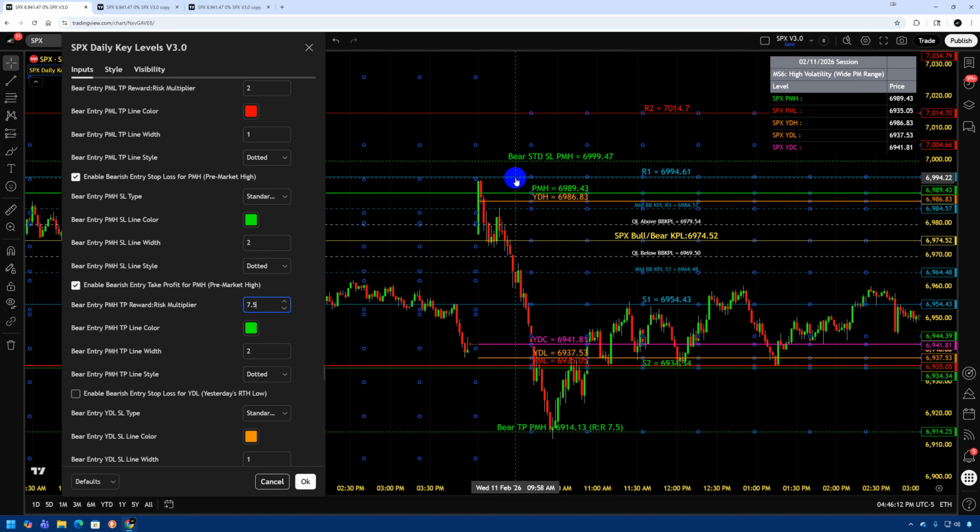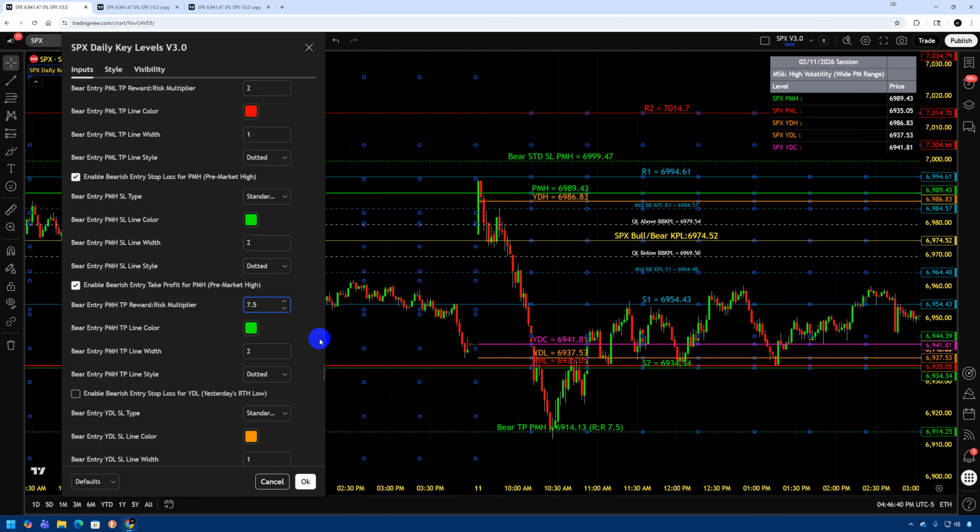We may introduce an update later on where it can go higher than 10, for those that prefer to use a tight stop loss. So we may do that later on this year. But for right now, the cap on the risk to reward multiplier is 10.